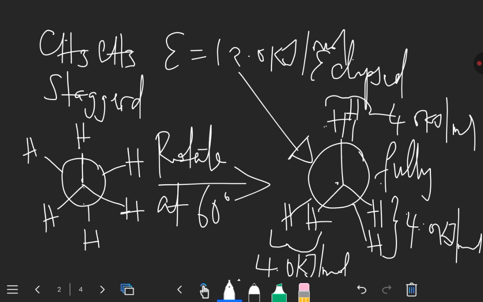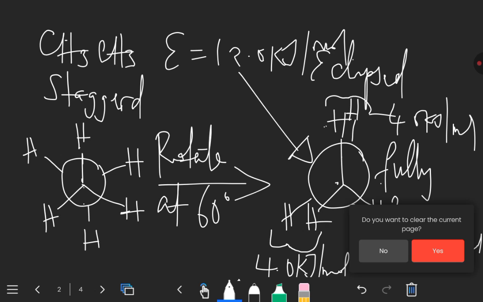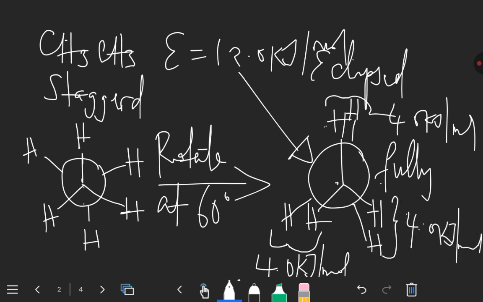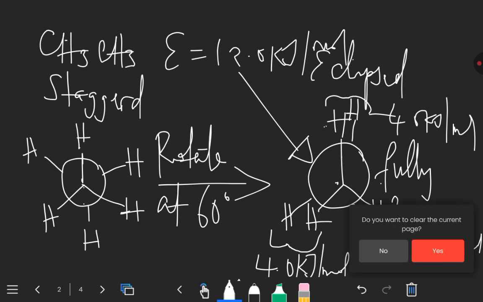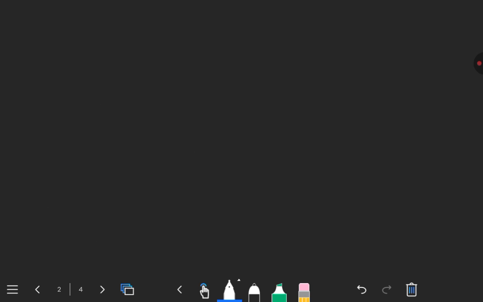per mole. Then let's look at these two kinds of strain energy. So there is what is known as torsional strain, and also what is known as steric strain. So let's look at steric and torsional.